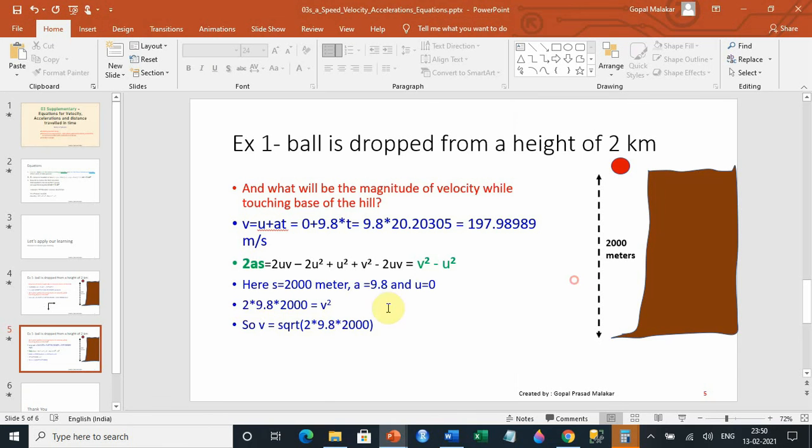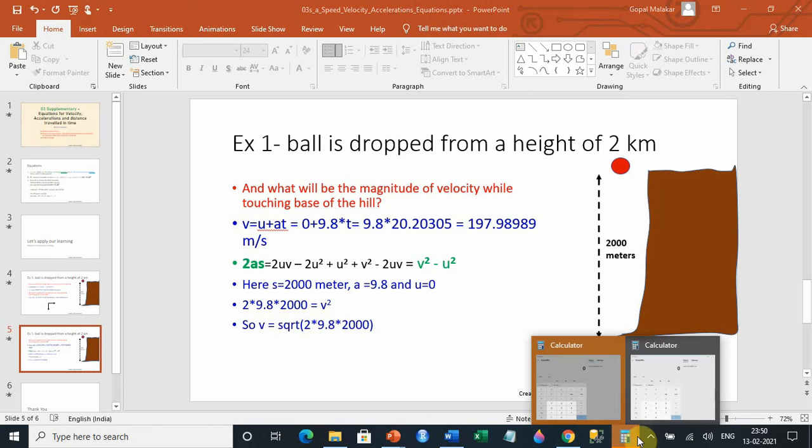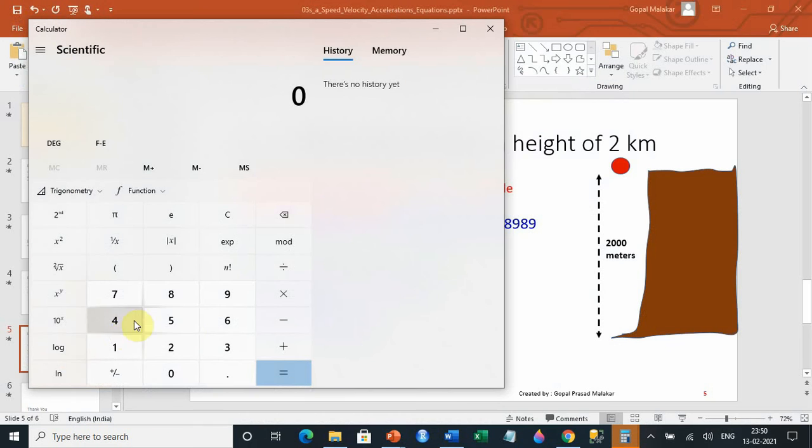So let's first do this: 2 into 9.8 into 2000. This is giving you 39,200.